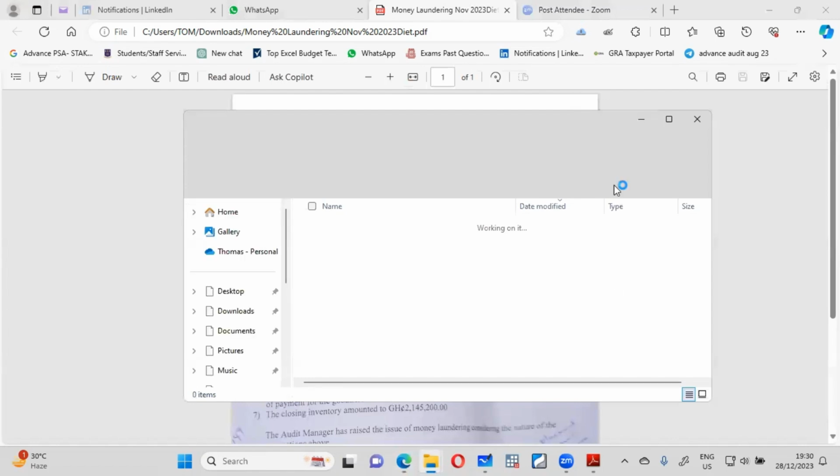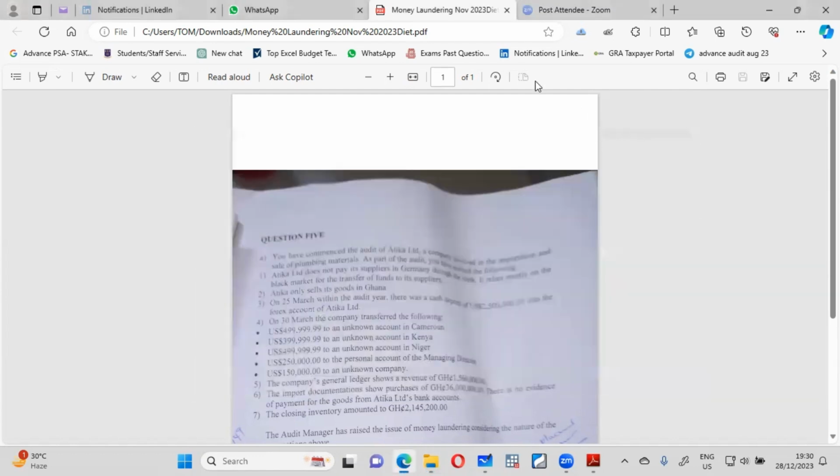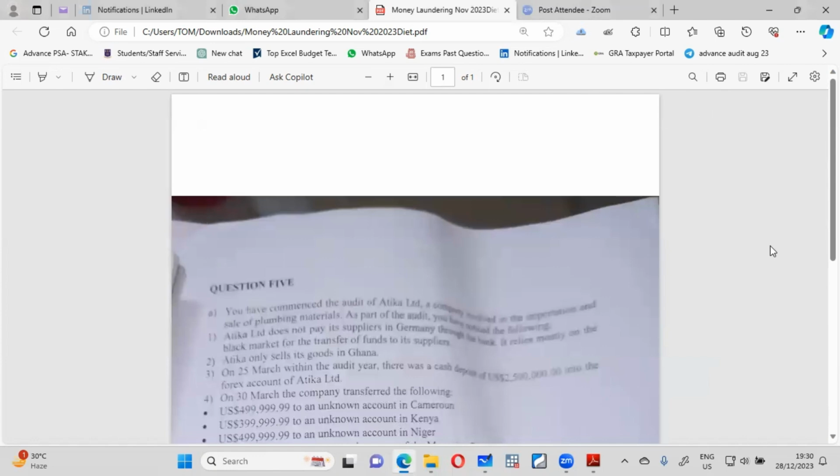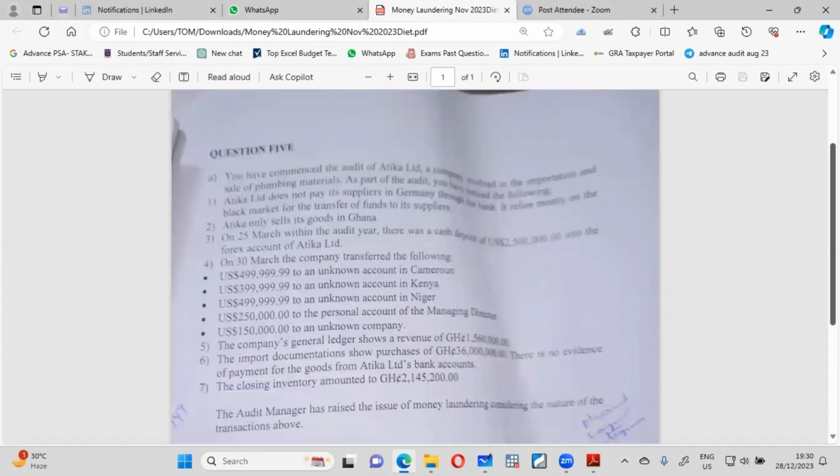Oh, I thought you were giving me the PDF rather than a scan. I also have this. But anyway, let's just go through it. I hope you can see it. Please, can you see? Is it okay? I will manage.